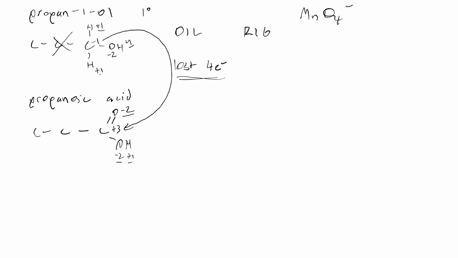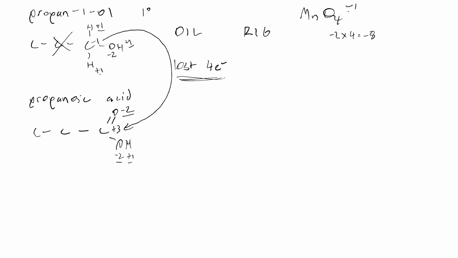Let's work out the reduction then of this permanganate ion, because remember, if something's losing electrons, then something's got to be gaining electrons in a redox reaction. And this is our oxidizing agent here. Okay, so let's go back to our oxidation numbers. We know that oxygen is -2, and we have 4 of them. So we can say that this is -2 times 4, which gives us an oxidation number here of -8 for those oxygen.